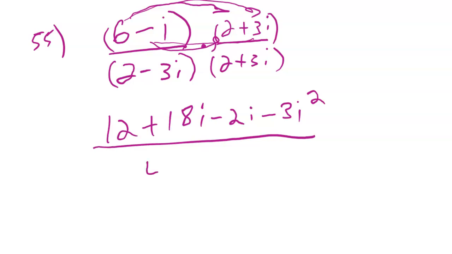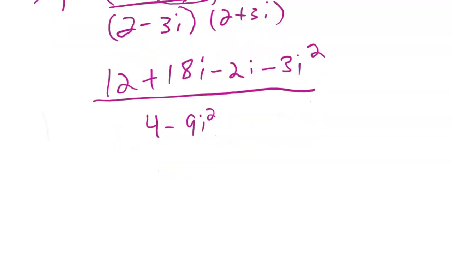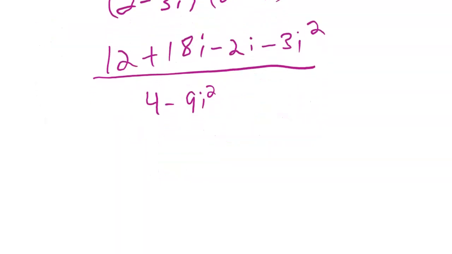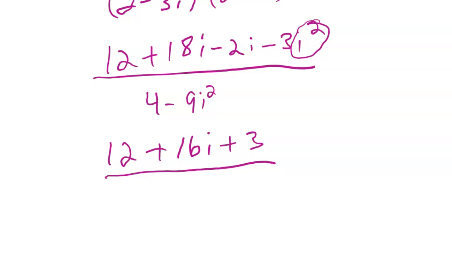So it's going to be like 4 minus 9i squared. Simplify further. 12 plus 16i. This turns into negative 1. This is plus 3. All over 4. This will turn into negative 1, but there's a negative there, so plus 9.